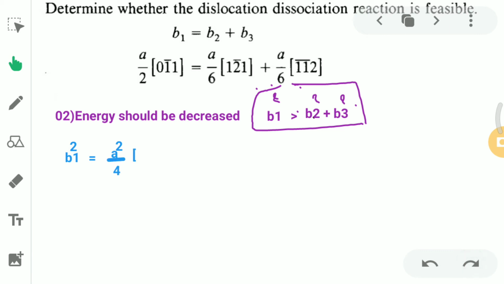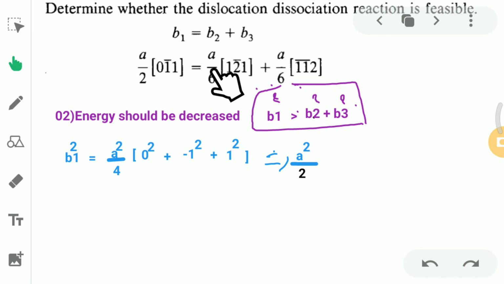Then square each individual component, the xyz components, and sum them all: 0 square plus minus 1 square plus 1 square. Then we have b1 square equal to a square by 2. Like this, you need to do the same for b2 square plus b3 square.